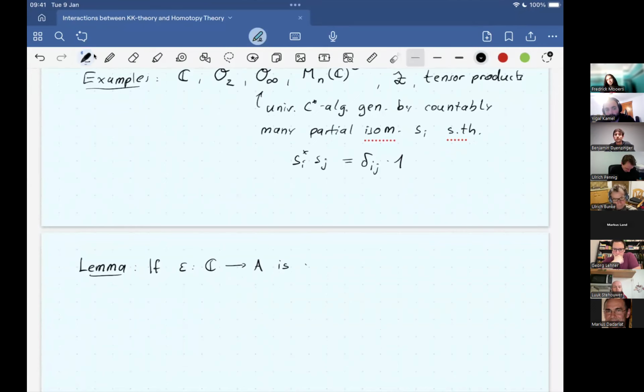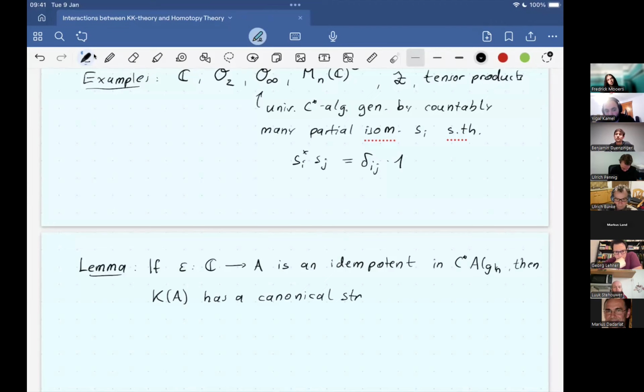So if this is an idempotent in C star H, then first of all, this has a canonical structure of a commutative algebra in KU modules.